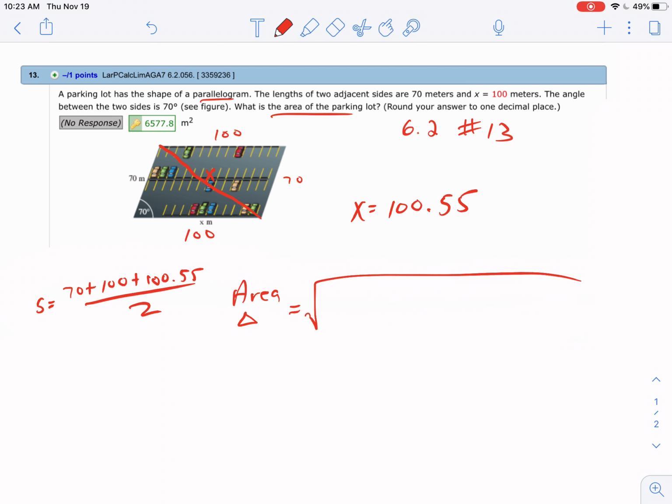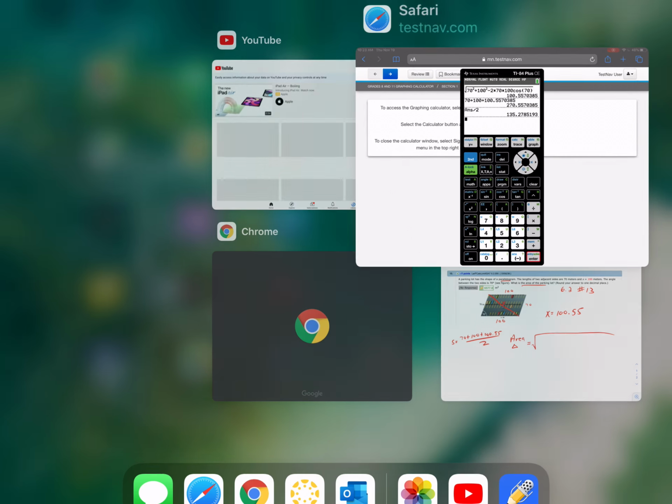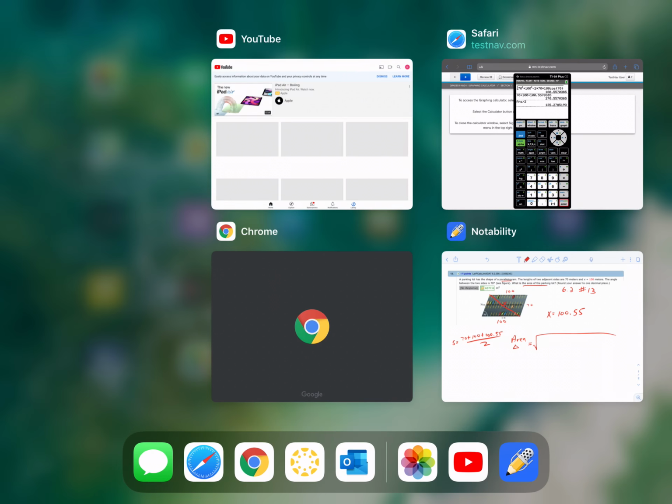But here, for accuracy, what I'm going to do is do this 70 plus 100 plus that whole thing. I'm going to hit enter, and then I'm going to divide by 2. So that's my S value, 135.27 or whatever.